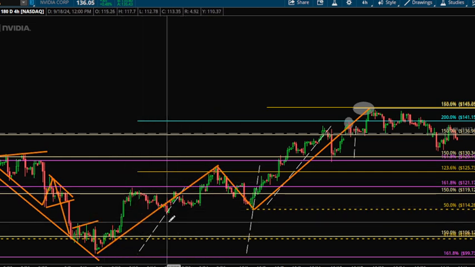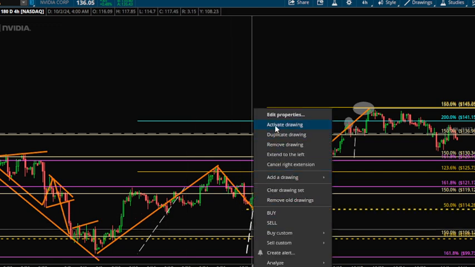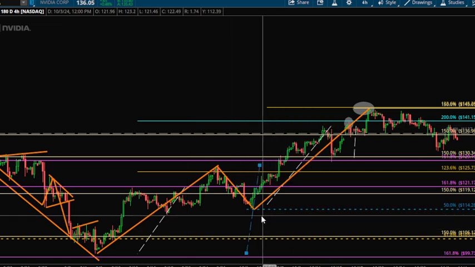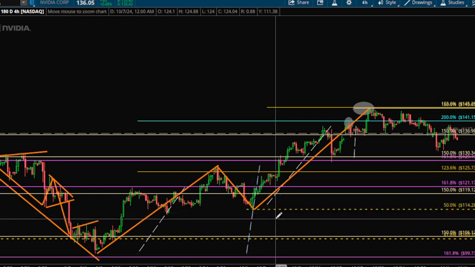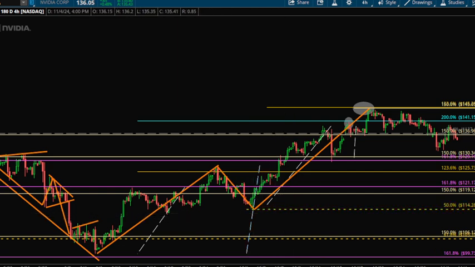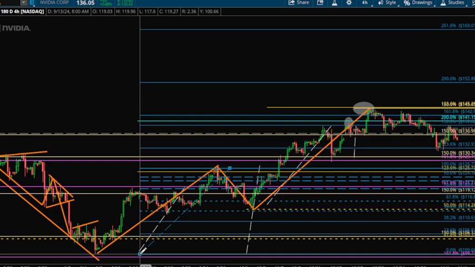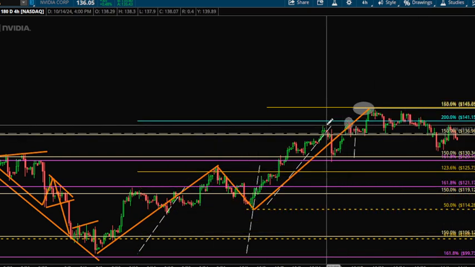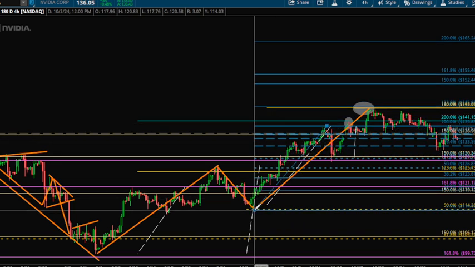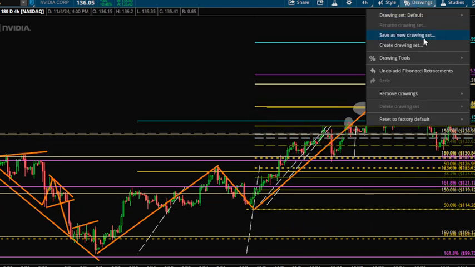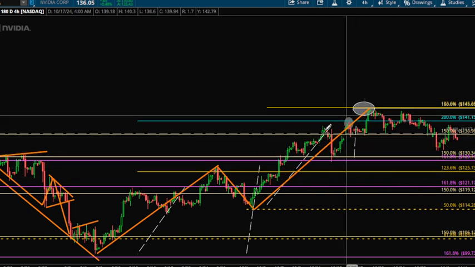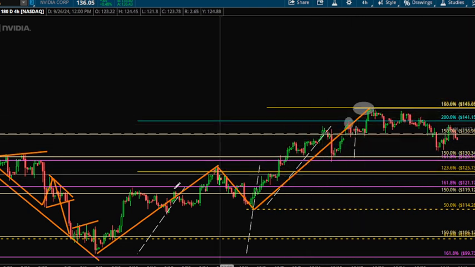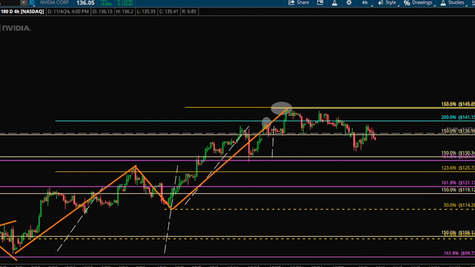Measured both of these legs, which is this right here, to get, oh, that's the retracement of the 50%. We measured that to get this top here. Then we measured this leg here to get this top here. So there was a couple degrees right here. So all of this is one move. Okay, that one took a little longer than I thought it was going to.